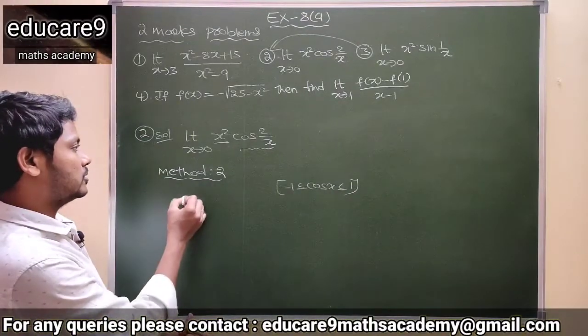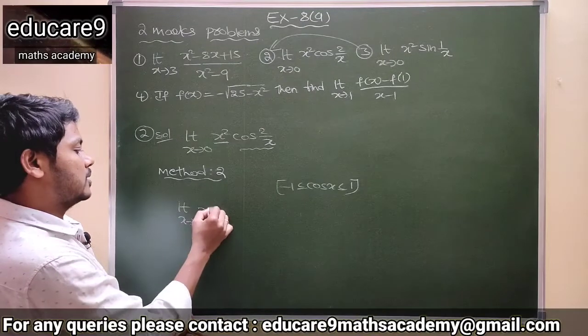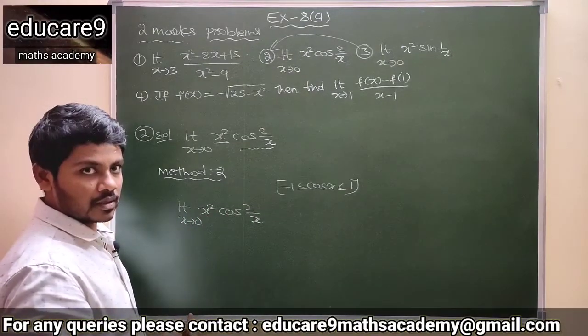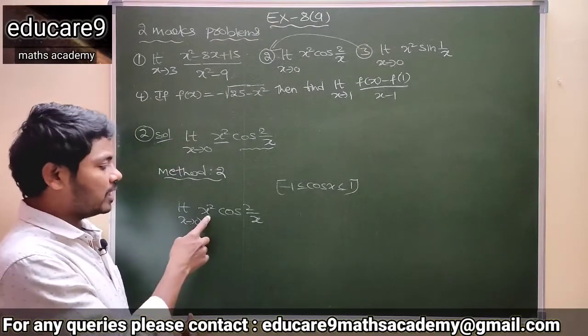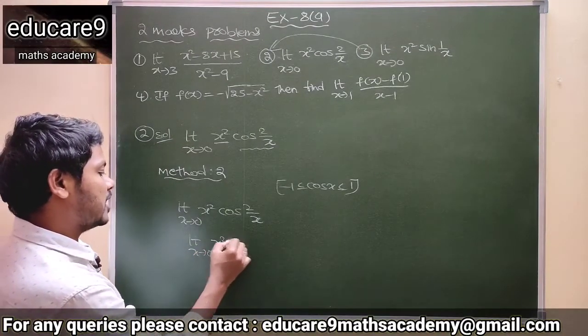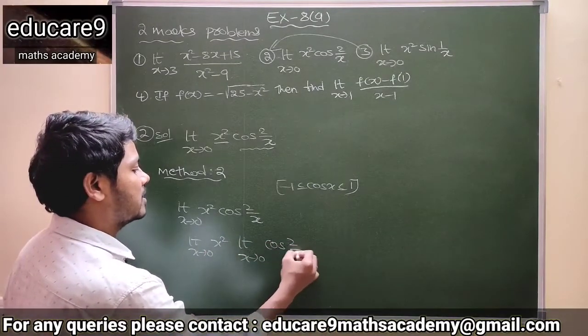So therefore, limit x tends to 0 of x square cos 2 by x. Apply the limit separately: limit x tends to 0 of x square, which is 0, times cos 2 by x.